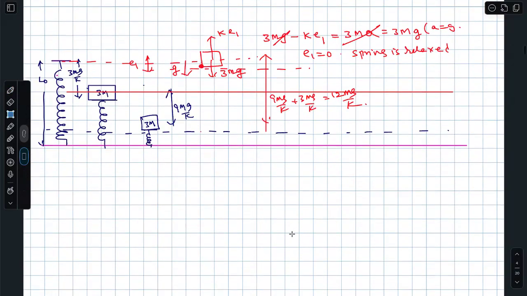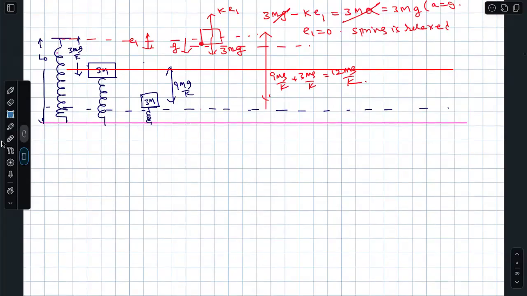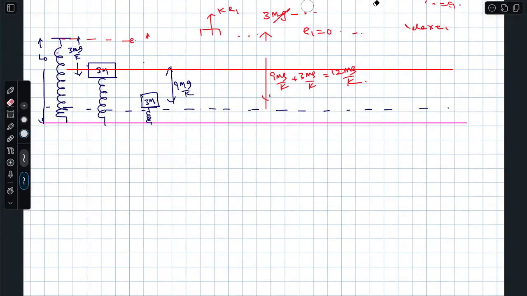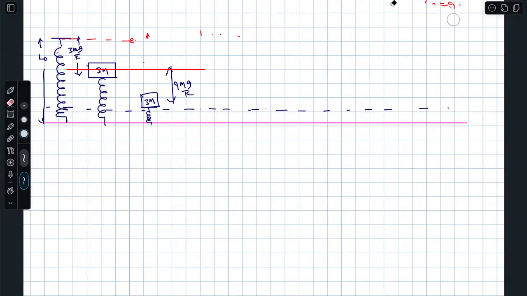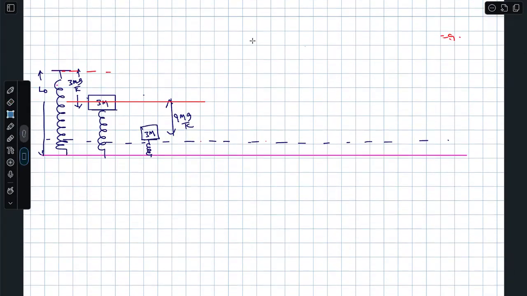When I'm proceeding further, I don't want all this stuff, because I already used this. I just want to see the moment when the combined arrangement reaches here.